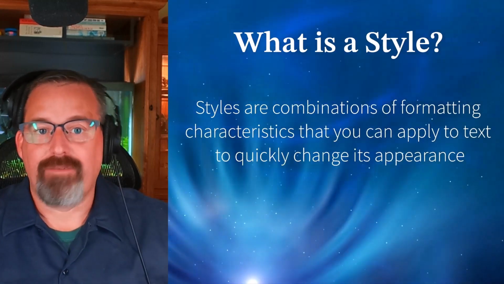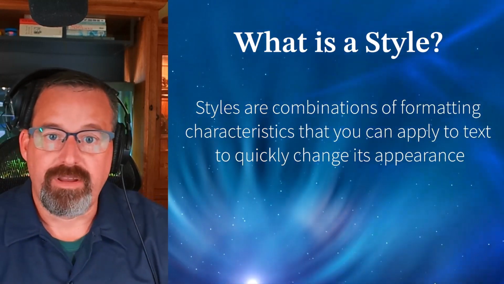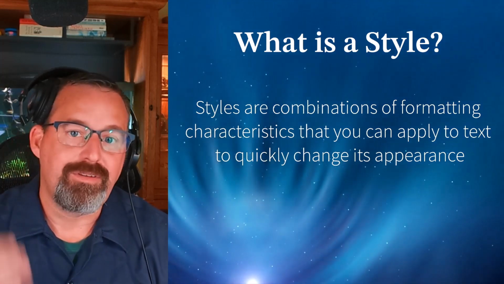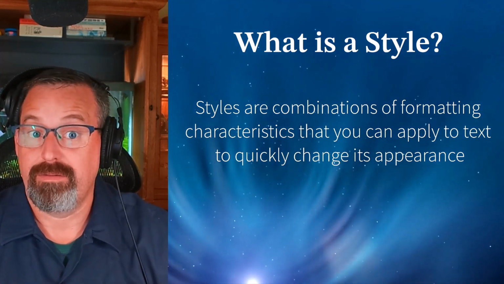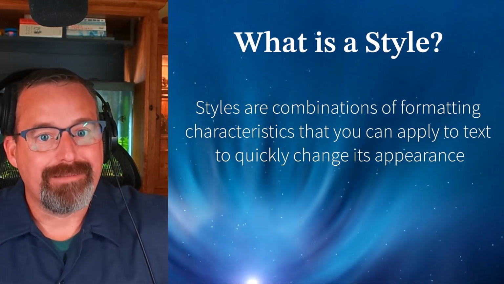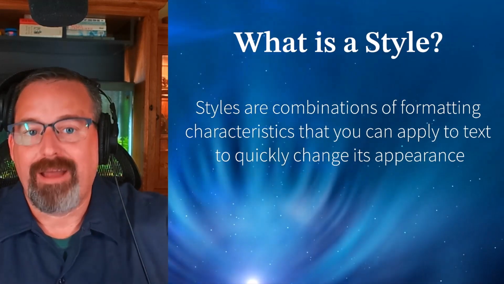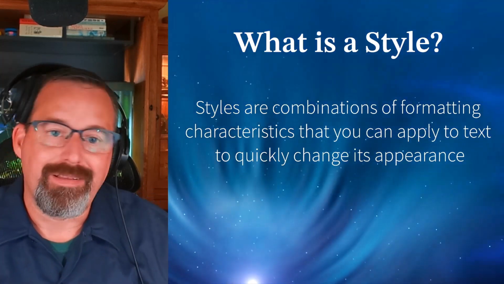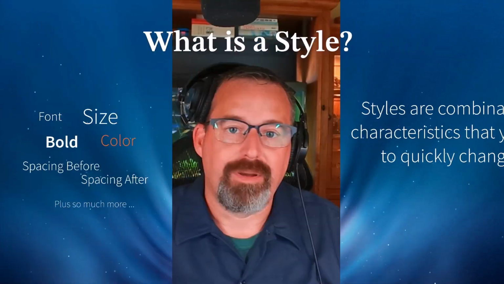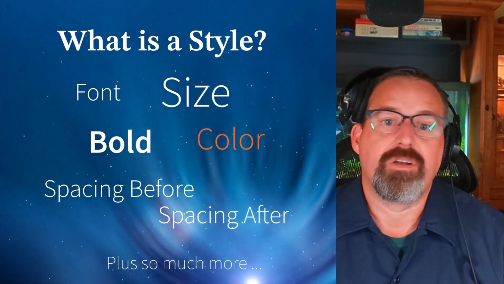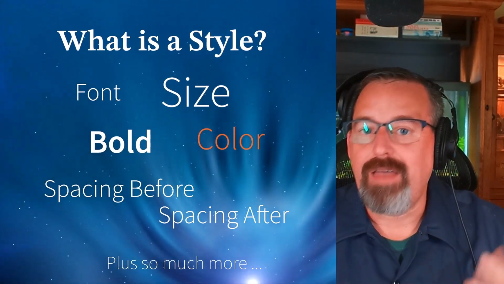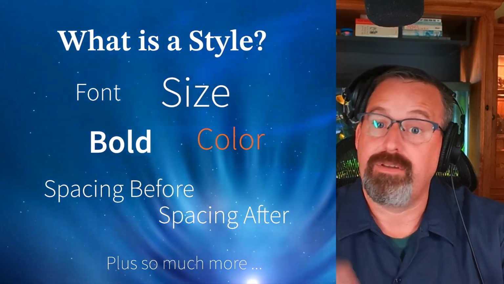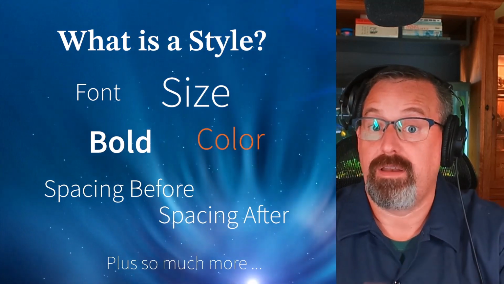At the highest level, and this is Microsoft's definition, styles are a combination of formatting characteristics that you can apply to text to quickly change its appearance. It's a good definition, but to wrap your head around it, it's better to see it in action. A style can apply to the different characteristics that we want to have happen to specific text in a document.